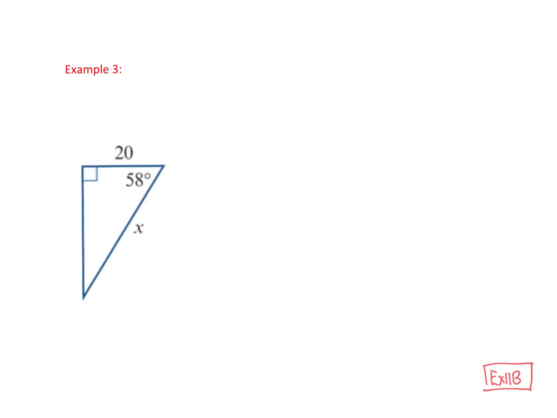All right, let's do the last one. Let's label our triangle first. What side is opposite the 90 degrees? Hypotenuse. And what side is next to the angle? Adjacent. If I wrote SOHCAHTOA on the top of my page, which formula has A and H in it? Cos. Good.